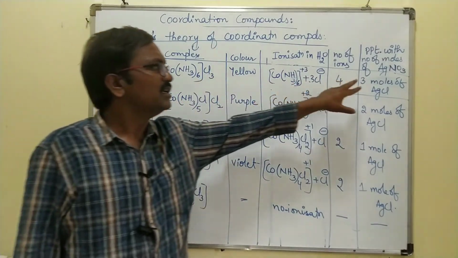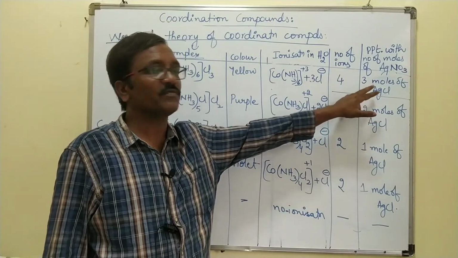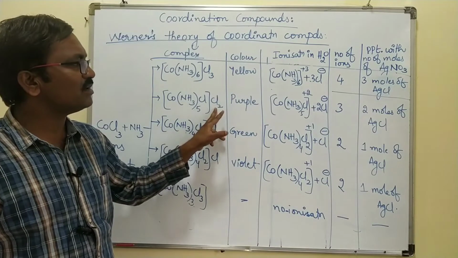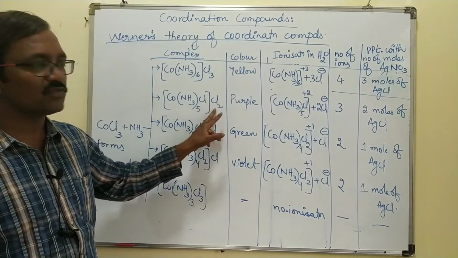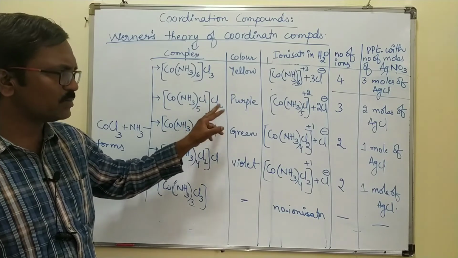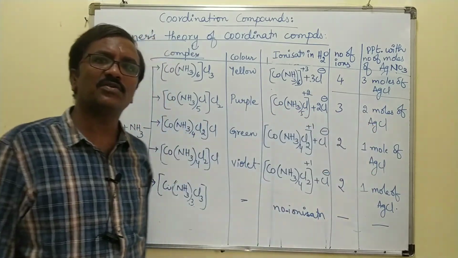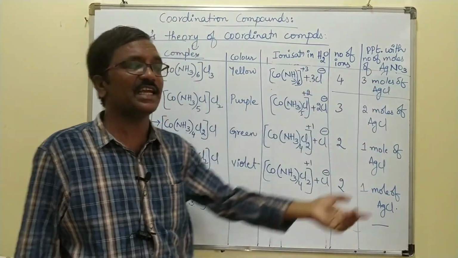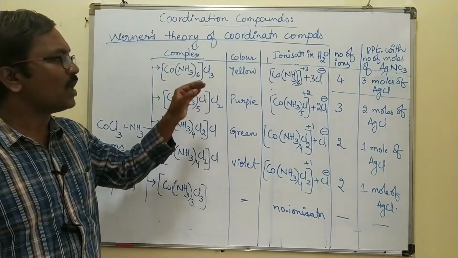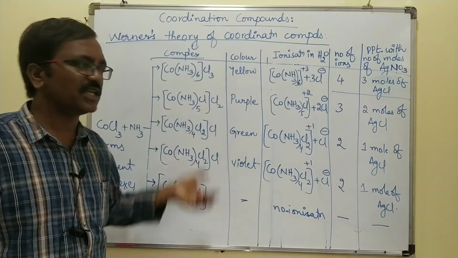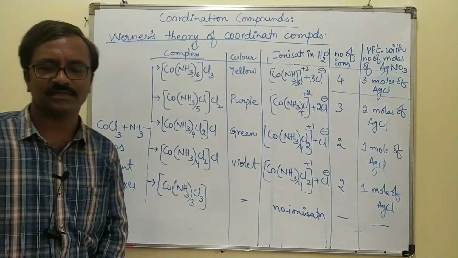That's why formation of 3 moles of AgCl is possible. Then if 2 Cls are outside the coordination sphere, that is present in the ionizable sphere, it forms only 2 moles of AgCl. So these moles of AgCl indicate how many chlorides are outside the coordination sphere. Based on that, he proposed the different structures.